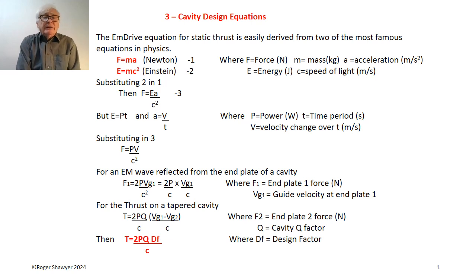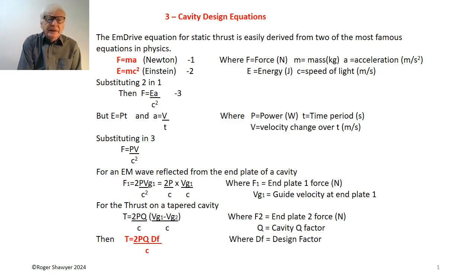Now we've said that the velocity of the wave that's arriving at the end plate of the cavity is Vg1. So the force at plate 1 is 2P Vg1 divided by c squared. And again, you can see this is 2P over c, the basic equation that we derived earlier, times Vg1 over c.